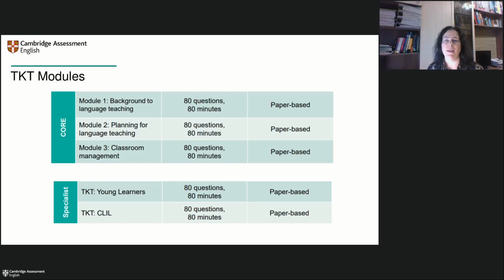So we can say that TKT consists of 5 modules, and you can see here on the slide all the variety of modules that are available at the moment. The core modules are our priority, and if you are interested in the specialist modules, I think you can refer to the webinars that we've delivered on Monday and Wednesday.